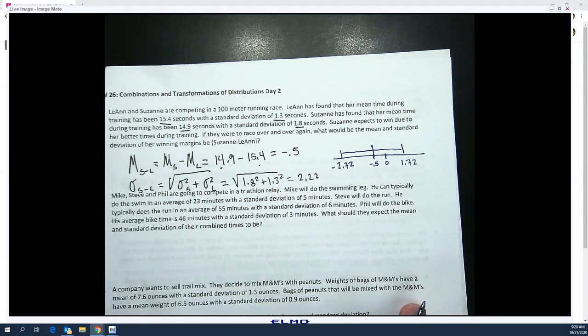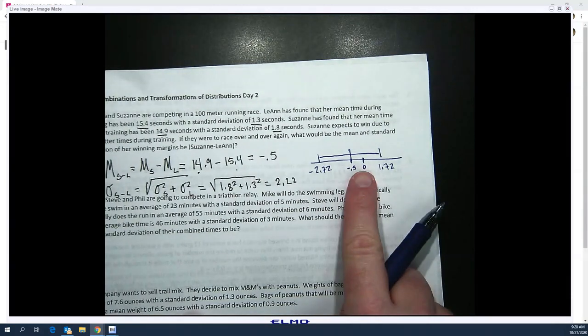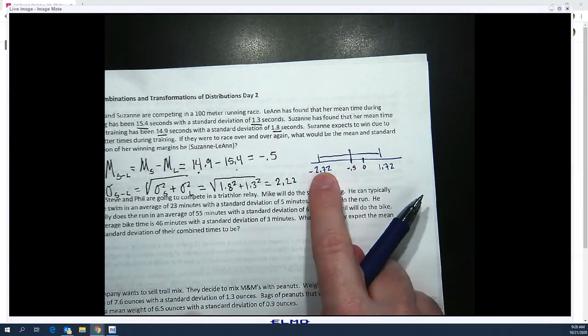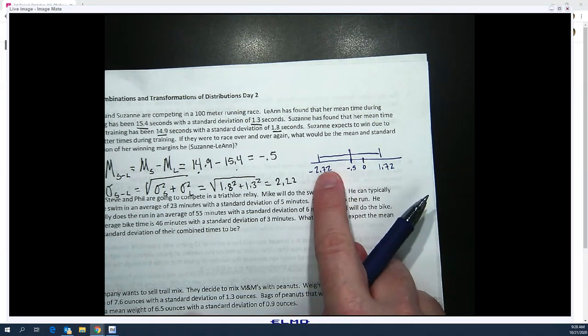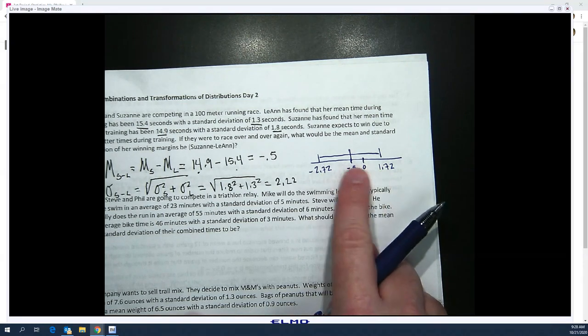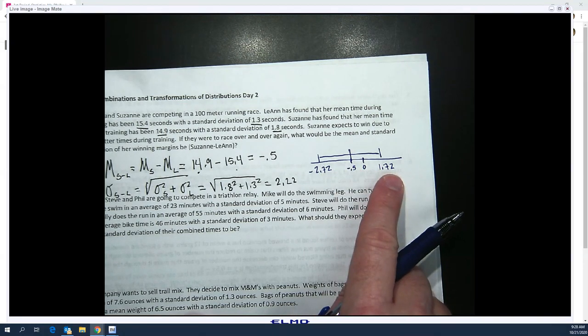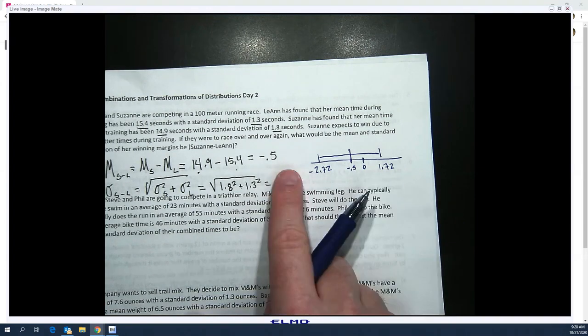If they just kept racing over and over again, typically Suzanne would win by about a half second, but sometimes she would win by 2.72 seconds, and that wouldn't be atypical. All this is a range of typical values. But she would also sometimes lose by up to 1.72 seconds. That's the way you would interpret these values.